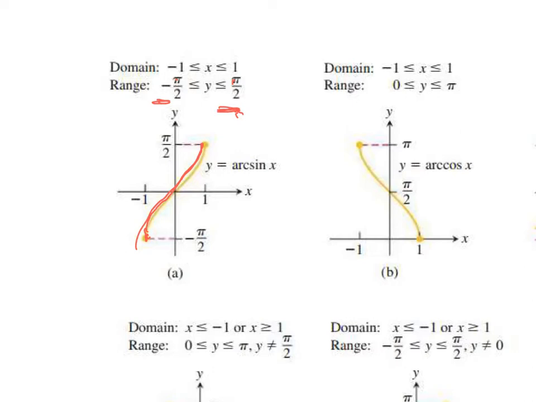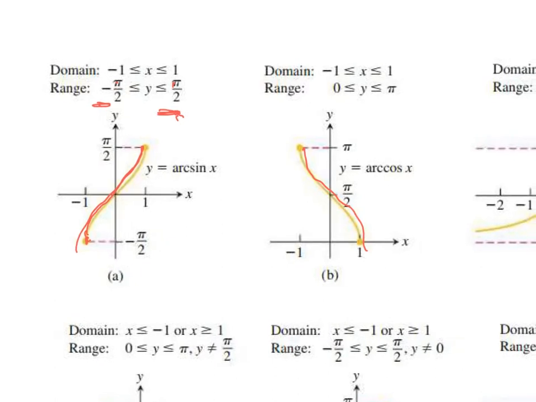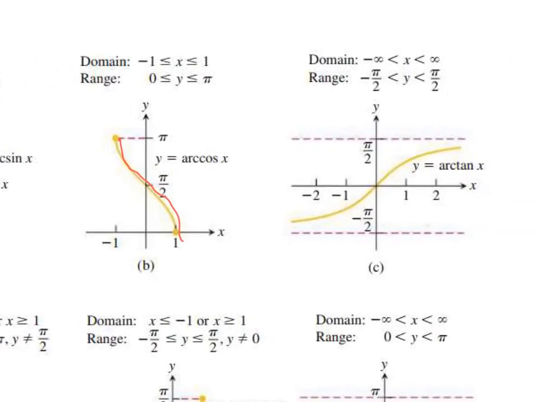It flips to do the arc cosine. And arc tangent is a weird looking animal because the tangent had vertical asymptotes. So what happens on the arc tangent? You have horizontal asymptotes.